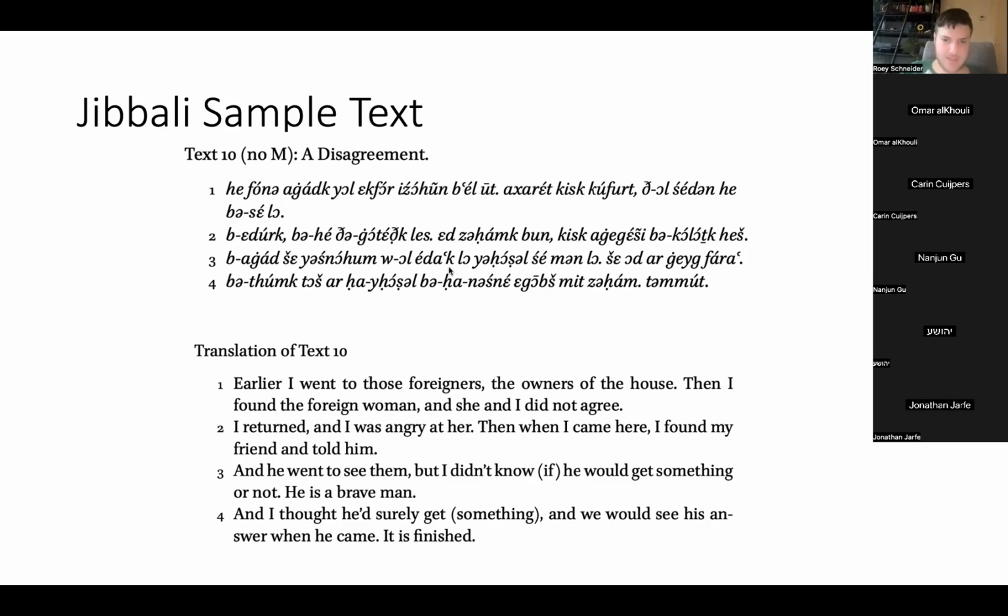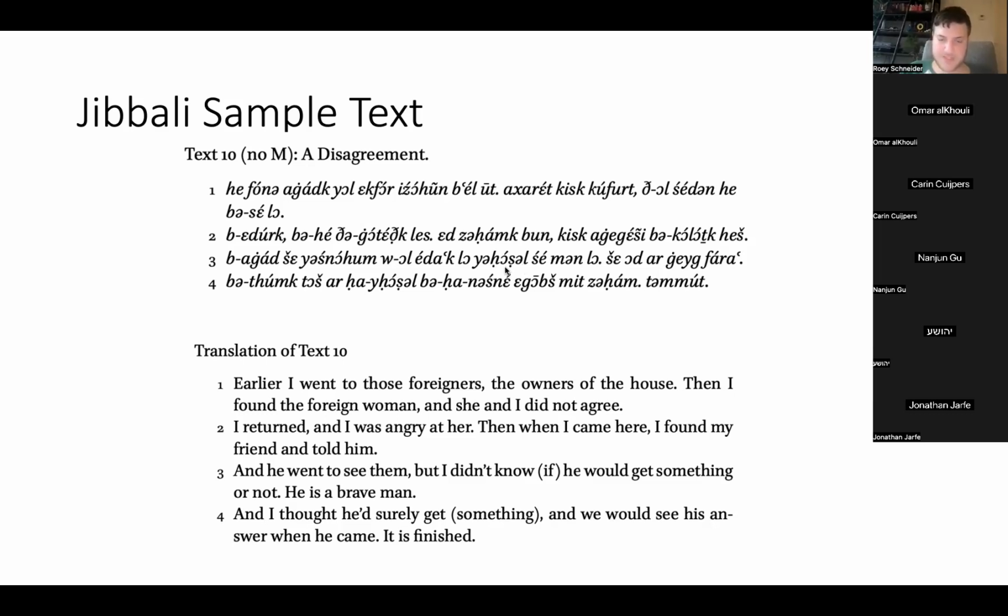Wa'ol edak, and I did not know. Wa'ol edak la. So eda is just like Hebrew yada or Akkadian idu. Wa'ol edak la yehotzel she min la. And I did not know yehotzel happened or something like that.